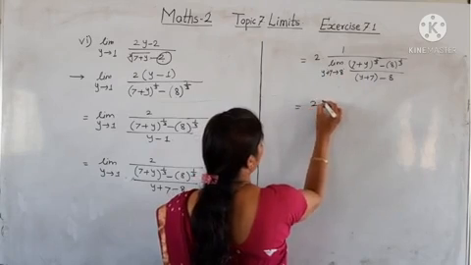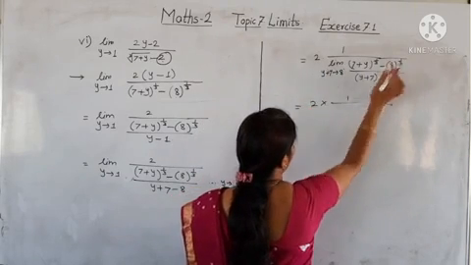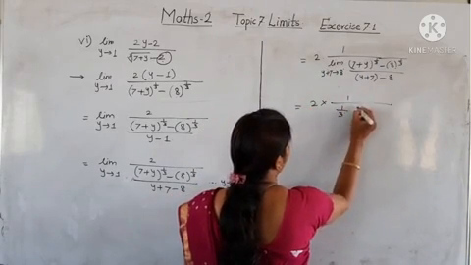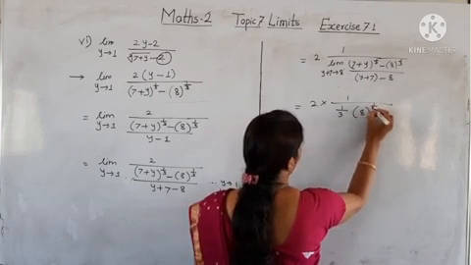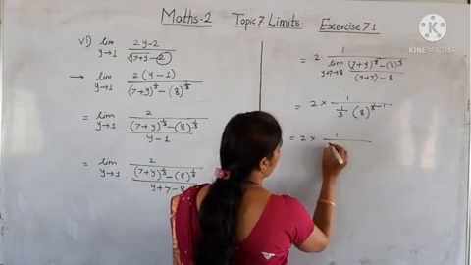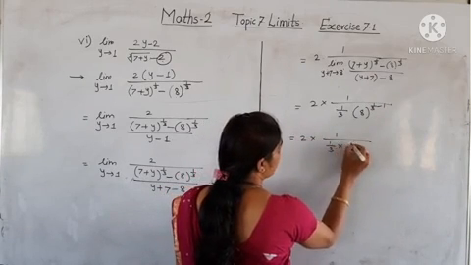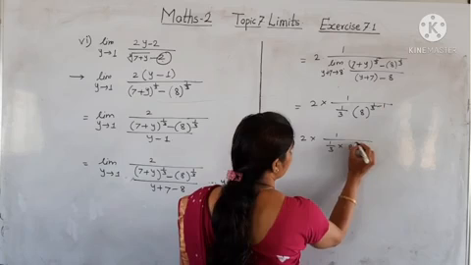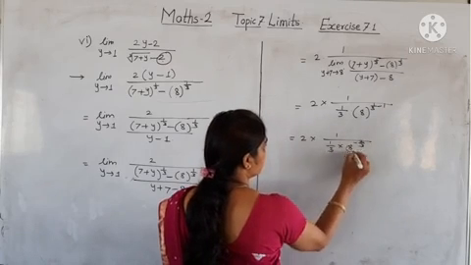Therefore this becomes 2 into 1 upon, what is n here? 1 upon 3 into 8 raised to 1 upon 3 minus 1. 2 into 1 upon 3 into 8 raised to minus 2 upon 3.